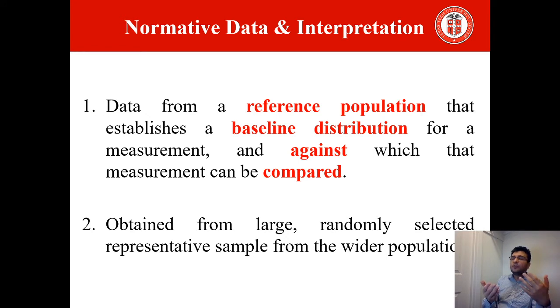For example, I want to cite the example of height. If your height is, let's say, 180 centimeters or 6 feet, then height is collected from people of the same age, gender, and ethnicity, from a very large number, and an average height is taken, and that height is considered as the baseline or standard.